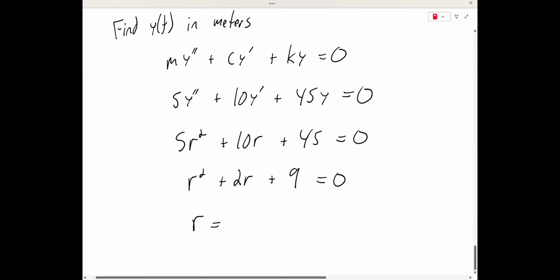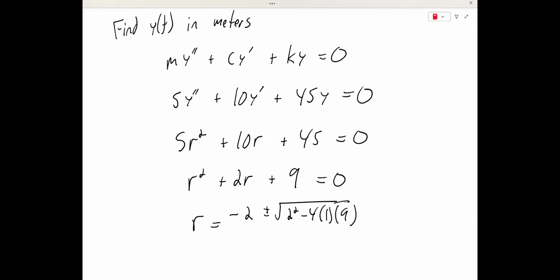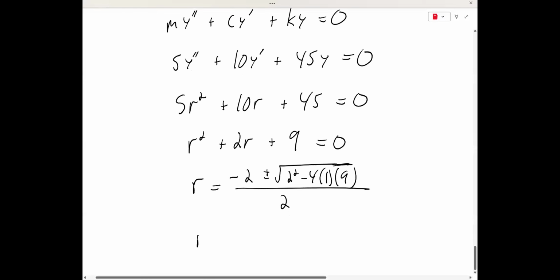So r equals, that'd be -2, right? Plus or minus the square root of 2 squared minus 4 times a, which is 1, times c, which is 9, all divided by 2 times 1. So r equals, if you go through this, -2 plus or minus, this is going to be 4 minus 36.